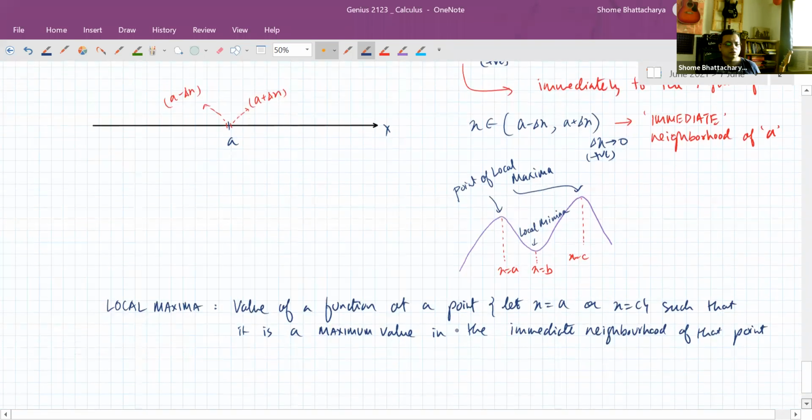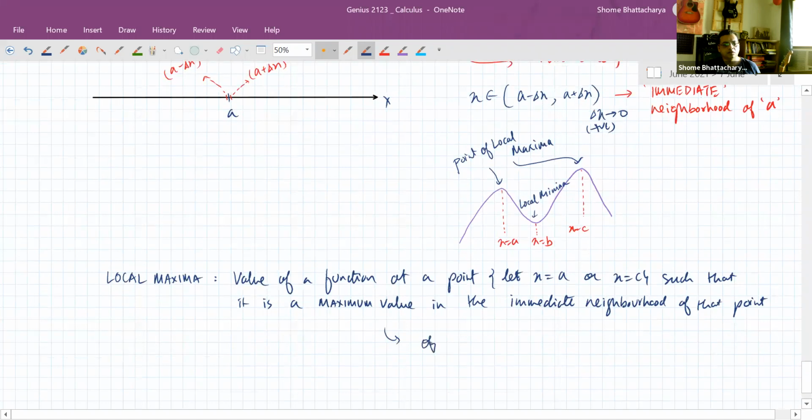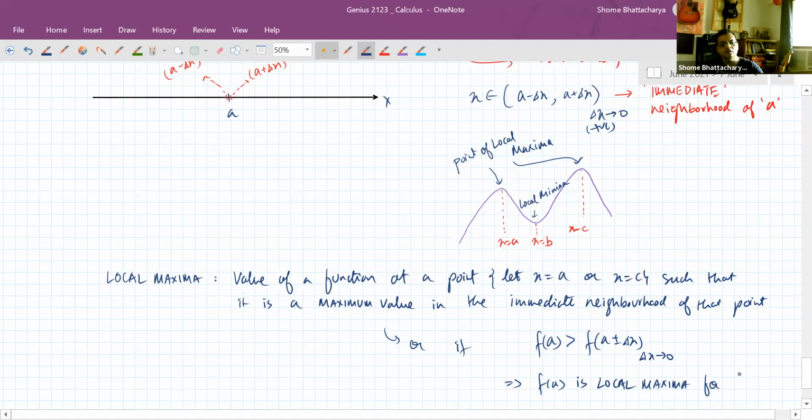So in other words, we will say if f of a is greater than f of a plus minus delta x, with delta x tending to 0, then that means f of a is the local maxima for the function f of x, or the same occurs at the point C.